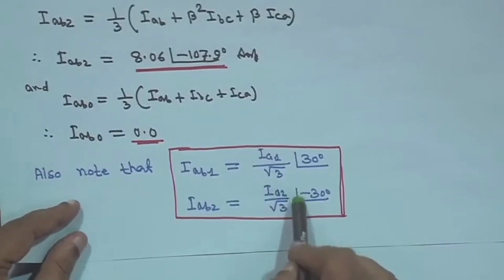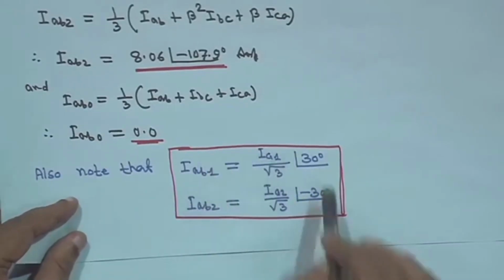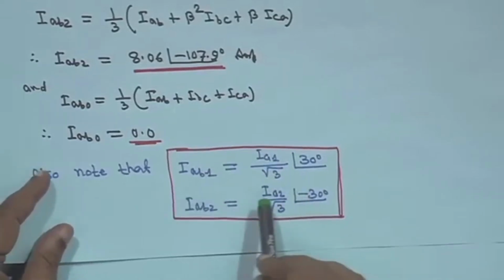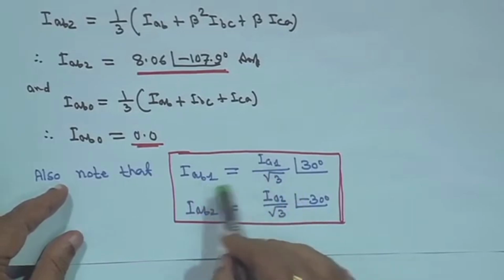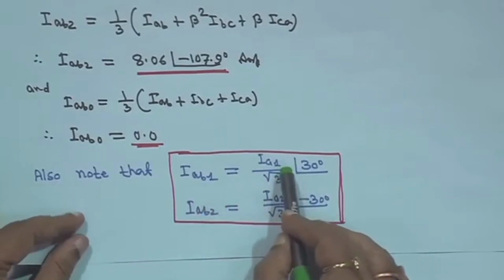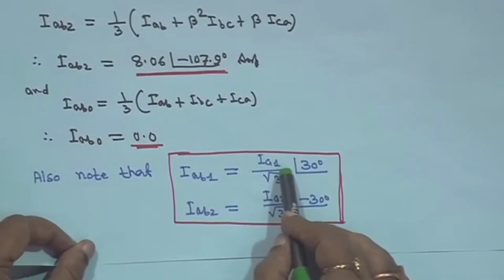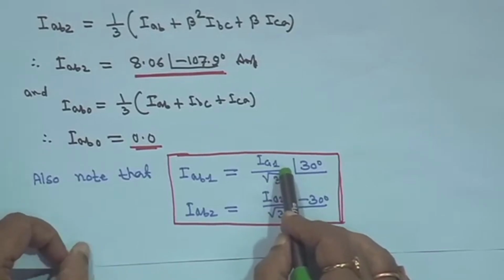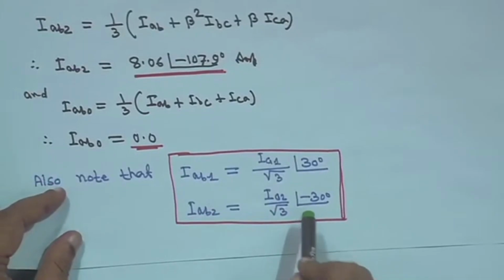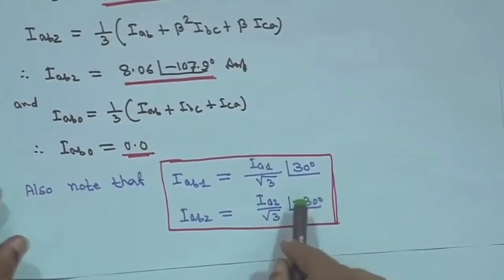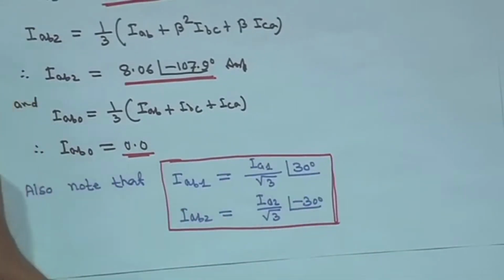Actually, this holds. I have just written it in brackets. This is the positive sequence component of the phase current of phase A, so this relationship holds. You only have to compute things correctly and remember certain things.